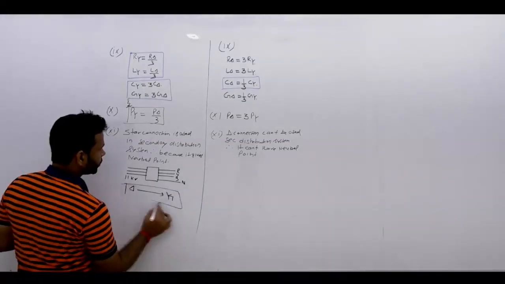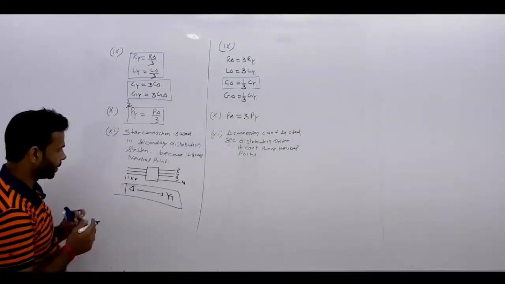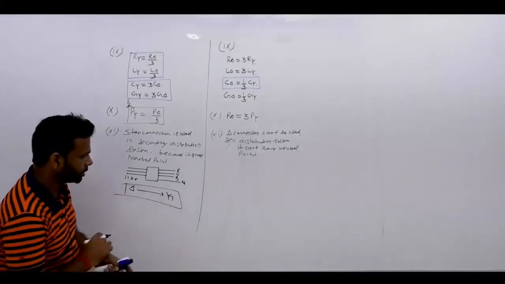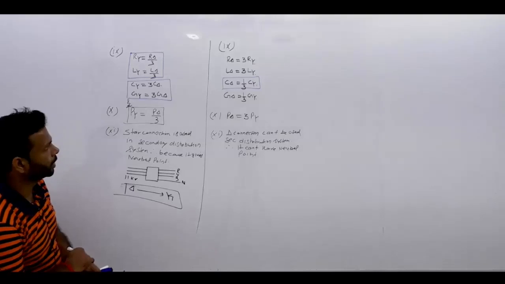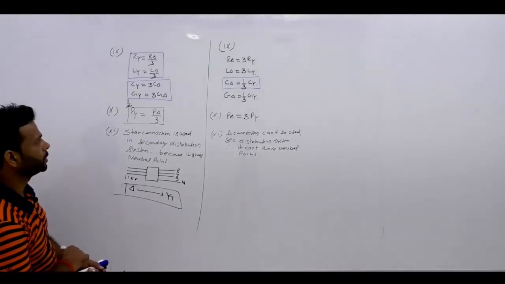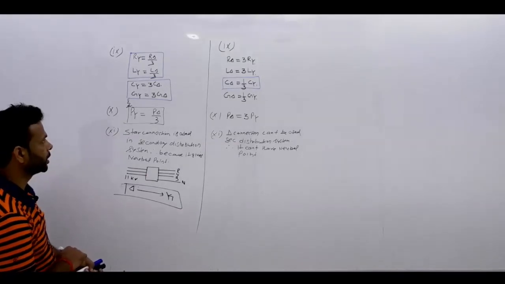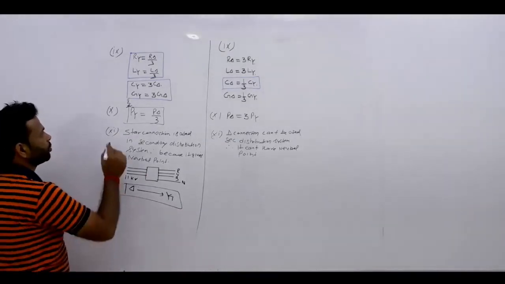So in the secondary distribution system, the primary side of the transformer is delta, but the secondary side is star with neutral.